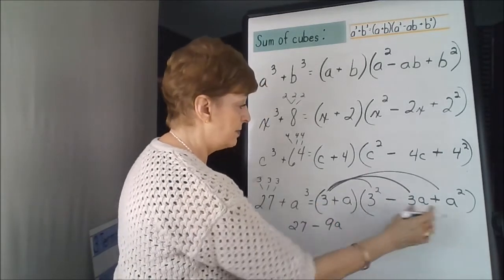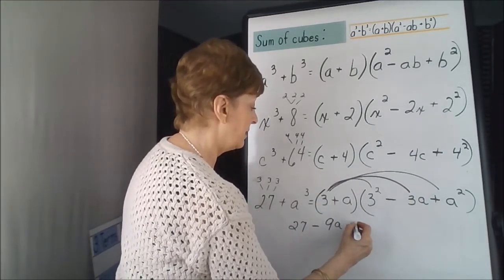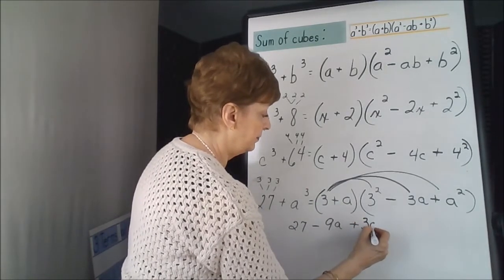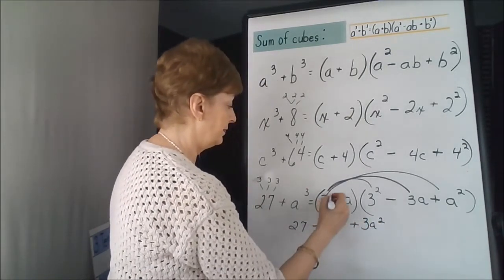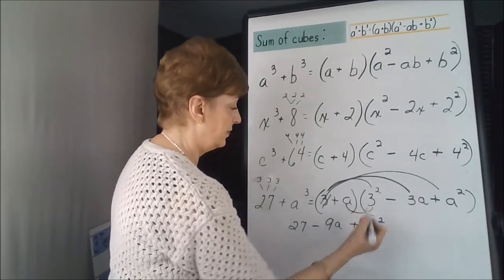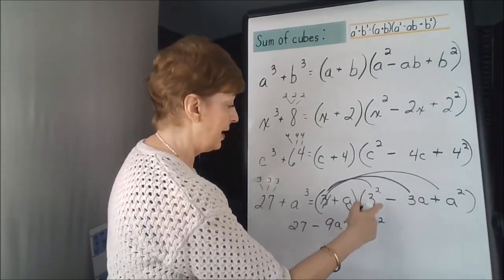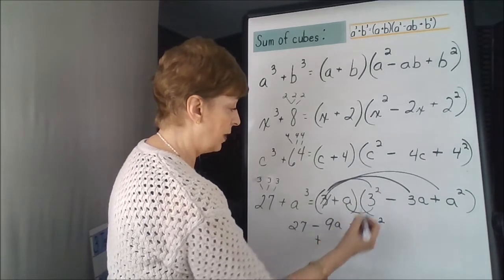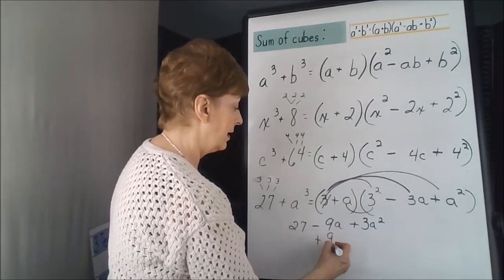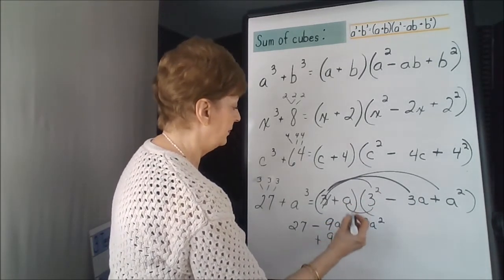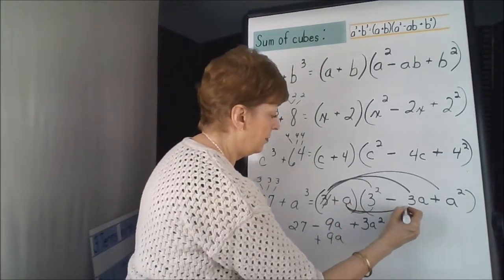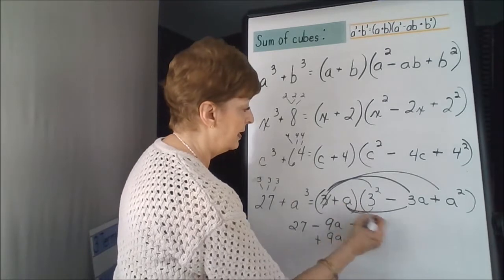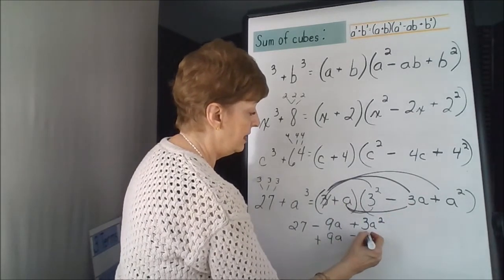A positive times a positive is a positive, 3 a squared. Done with that. Under. A positive times a positive is a positive. 3 squared is 9a. Positive times a negative is a negative. 3a.